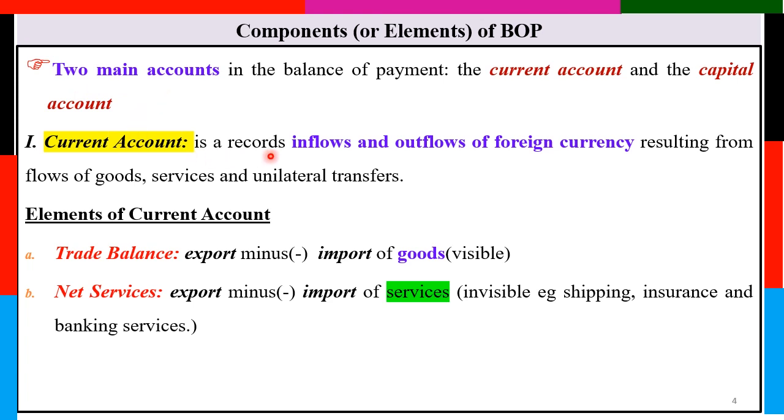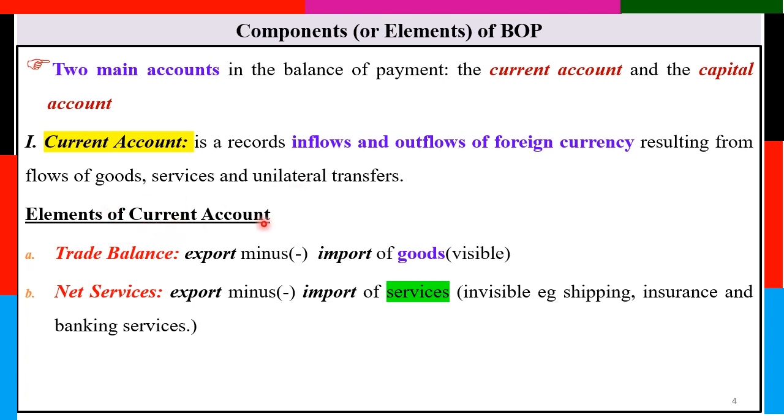The current account records inflows and outflows of foreign currency resulting from flows of goods, services, and unilateral transfers. So there is inflow and there is outflow, resulting from the goods and services we produce, and maybe also the relationship between the two countries.